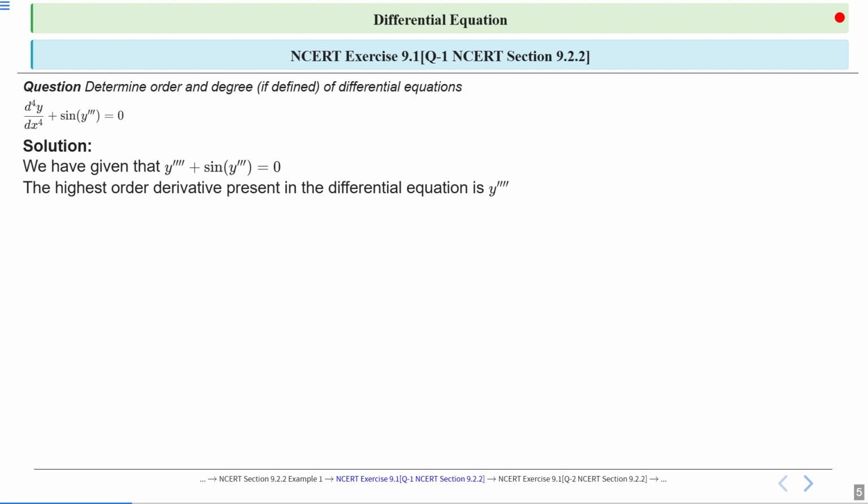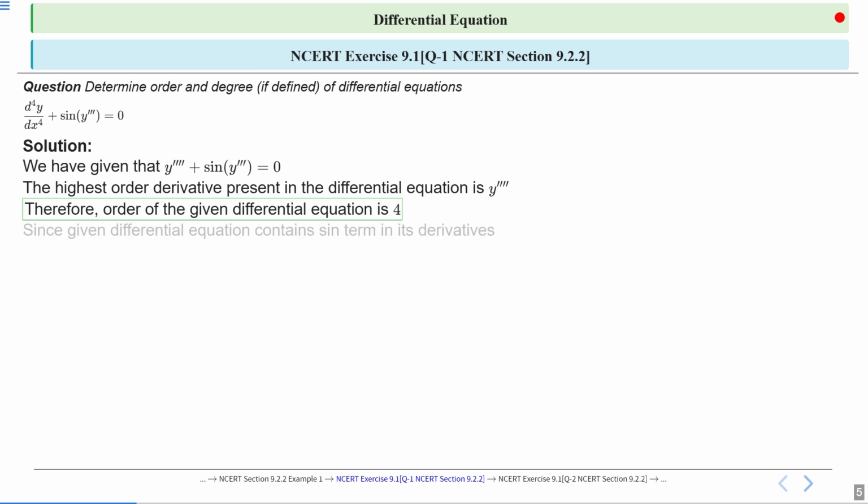To calculate degree, that is a tedious or difficult task, because we have to see whether the given differential equation is a polynomial with respect to derivative terms or not. In this example, the order of the given differential equation is 4.